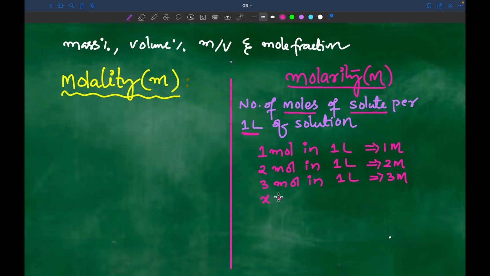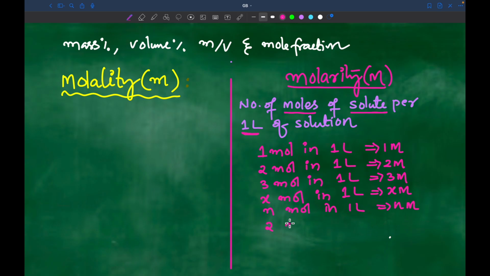If you have x moles in 1 liter, it will be x molar, correct? If you have n moles in 1 liter, the molarity is n molar, right?